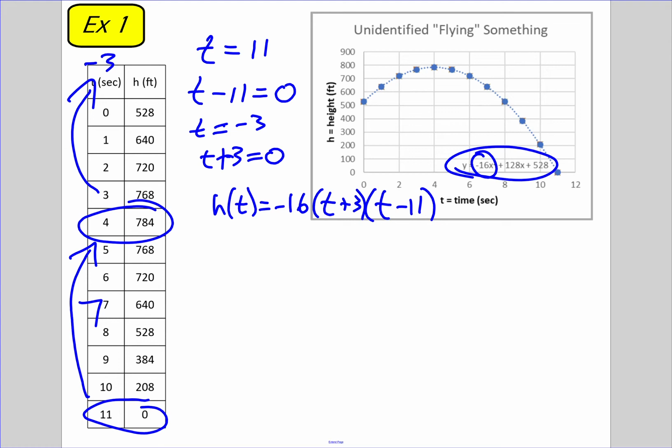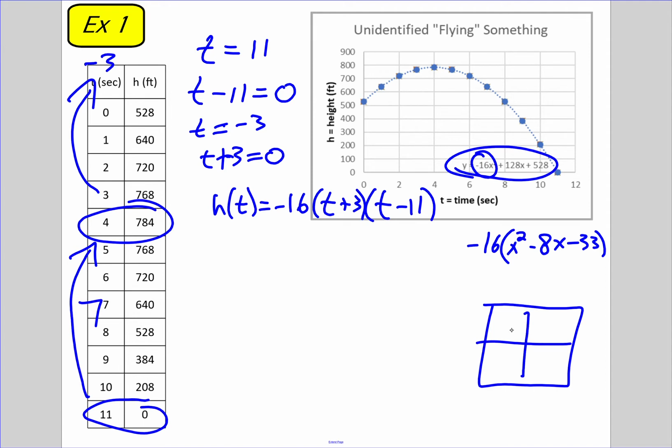Now we can also factor this one. If we go ahead and factor that -16 out, we end up with x squared minus 8x minus 33. If we use the box method or whatever method you're comfortable with, we've got x squared here and -33, so we're looking for the factors of -33 that add up to -8.